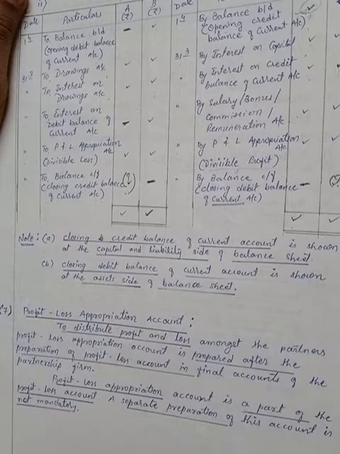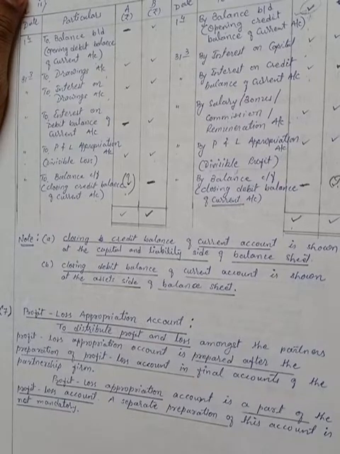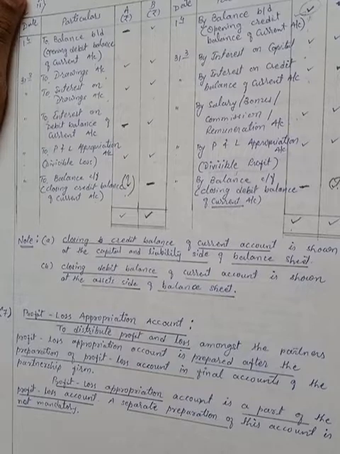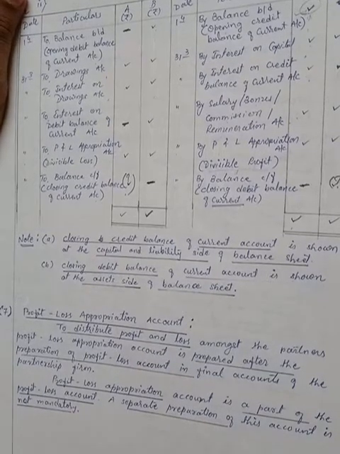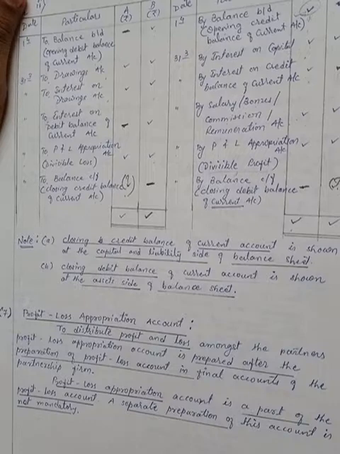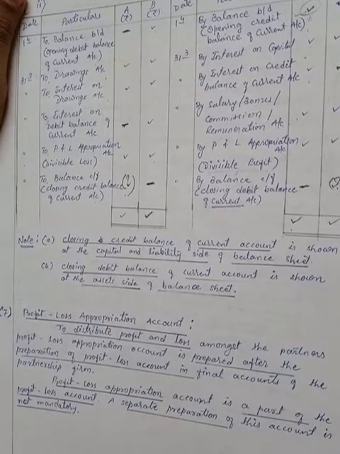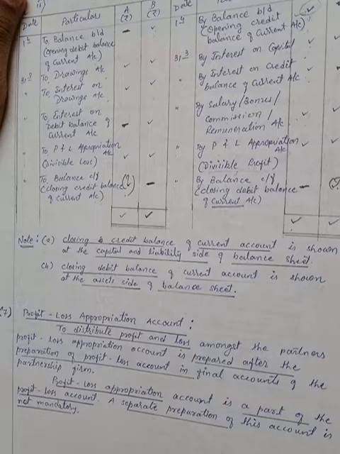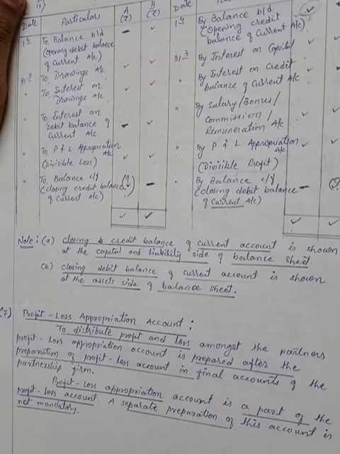Then the expenses and incomes related to the transactions of partners will be recorded in this appropriation account, like interest on capital, salary, bonus, commission or remuneration to a partner, interest on drawings, interest on credit balance of current account, as well as interest on debit balance of current account.